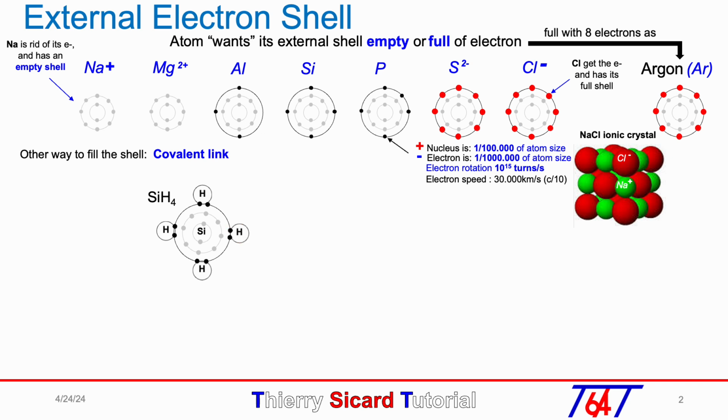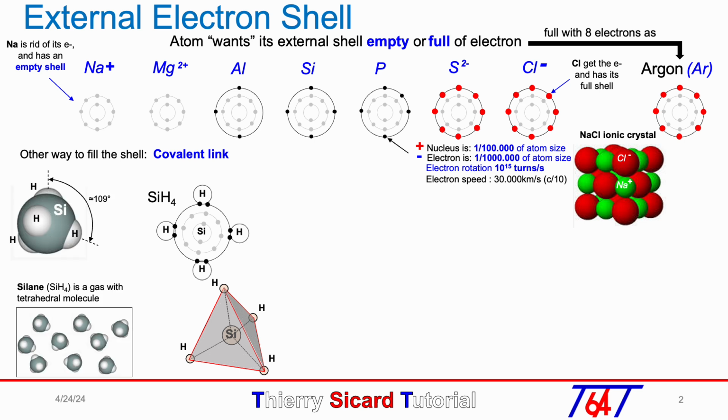This is called a covalent link, used to create crystals much stronger than ionic crystals. So hydrogen is happy with its 2 electrons and the silicon is happy with its 8 electrons on its external shell. This first explanation is in 2 dimensions, but as we live in a 3-dimensional world, the structure is tetrahedral.